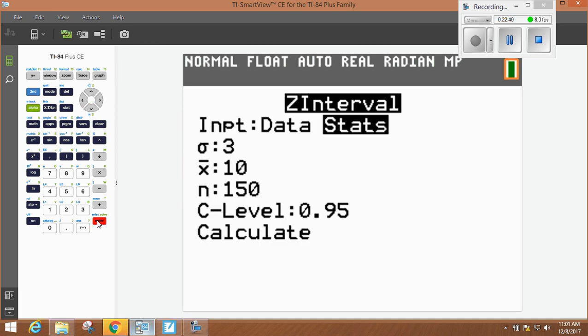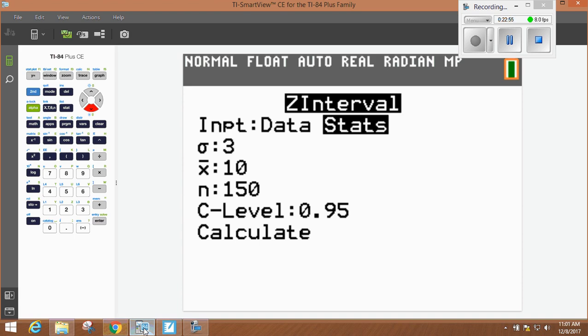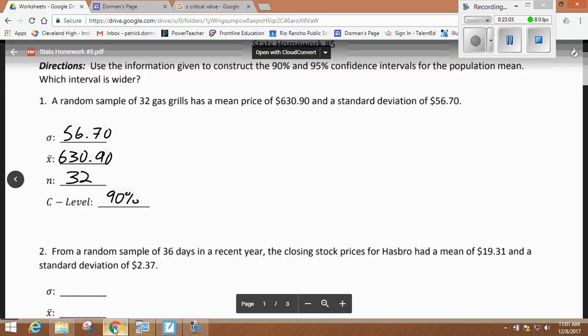We're going to use statistics. Our standard deviation was what? Johnny? 56.70. Our mean was 630.90.